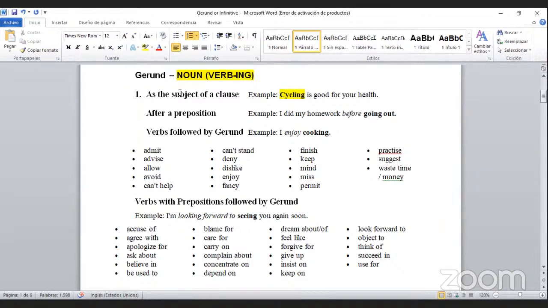So when we have the gerund as a subject, we can use whatever verb we want. For example, in this case, I am talking about cycling, this activity, this action, and I am describing it. I am saying that cycling is good for your health.